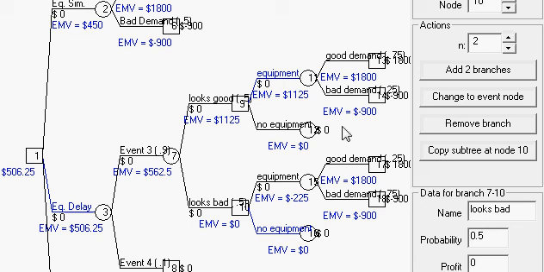Whereas it was fine to make my equipment, no equipment decision after the looks good information was revealed, because I got that information before I had to make the decision. So the order that events happen are really critical in solving decision tree questions using graphical trees. So there's an example of a rather complex one and its solution.